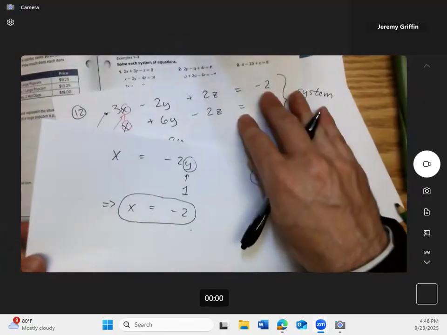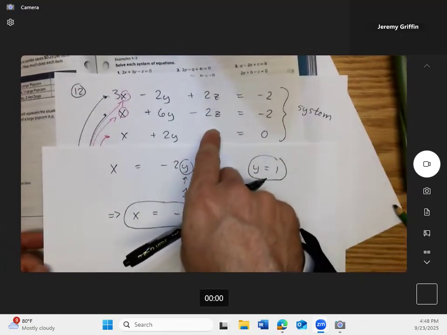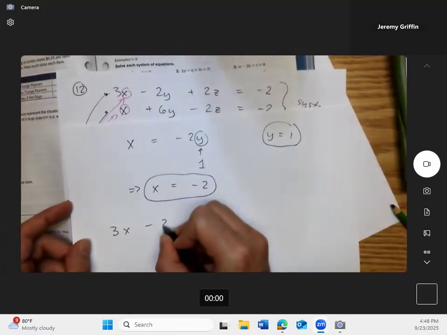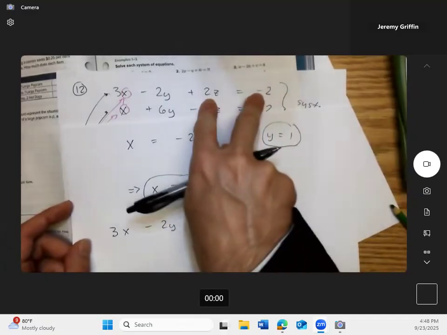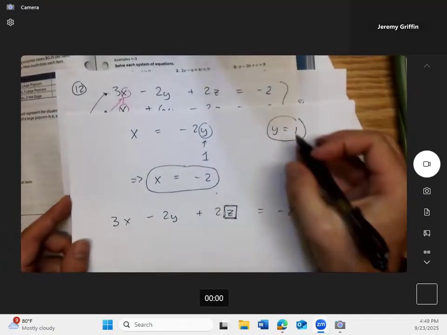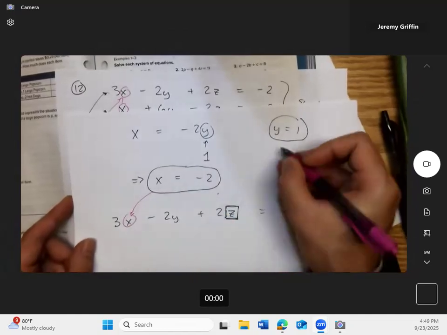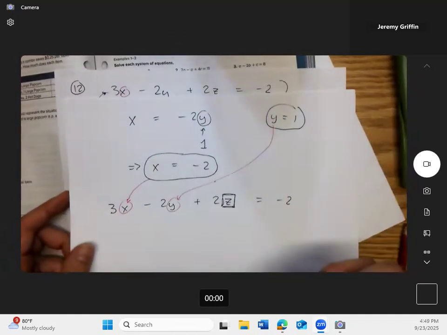Now all we have to do is go to either one of these top expressions and solve for z. Maybe I pick the first one: 3x minus 2y plus 2z has to add up to negative 2. I know what x and y are, so I substitute.